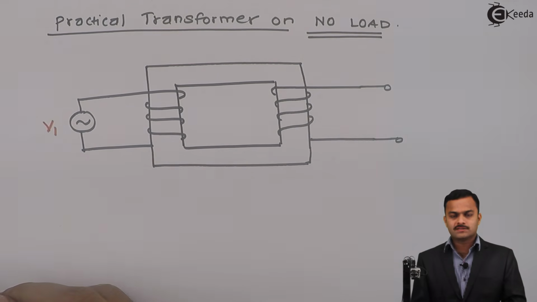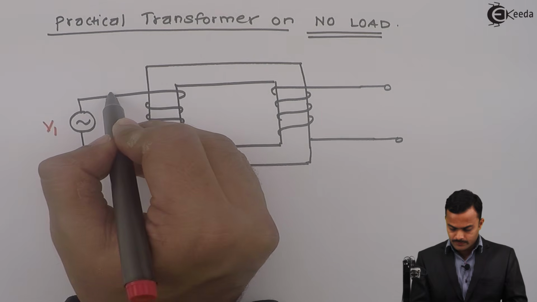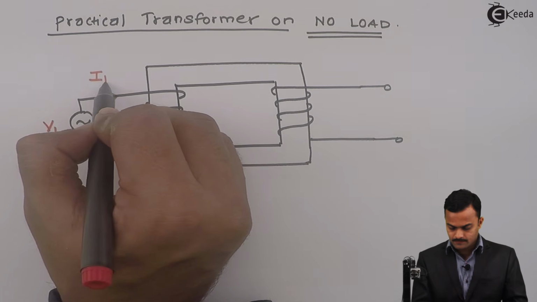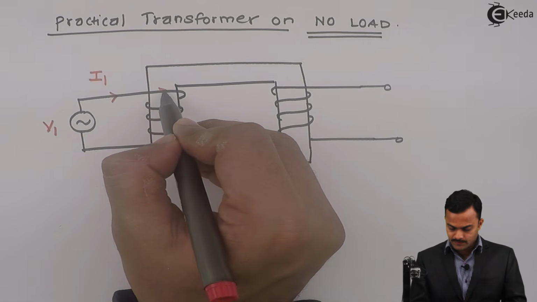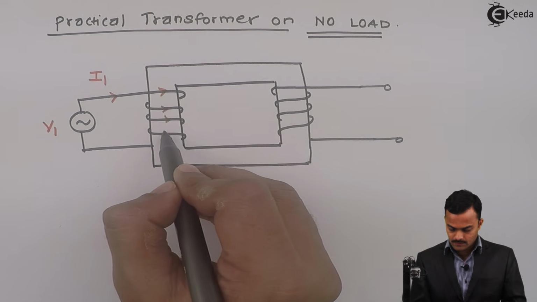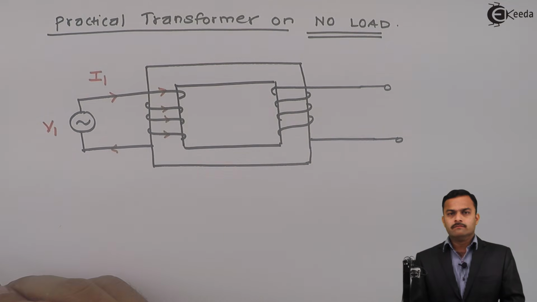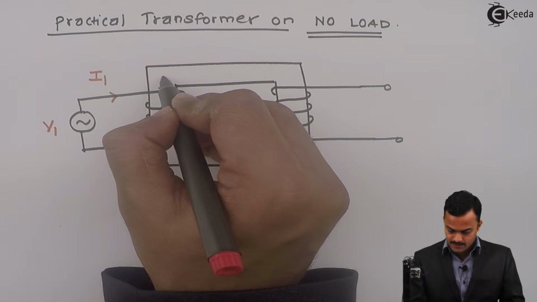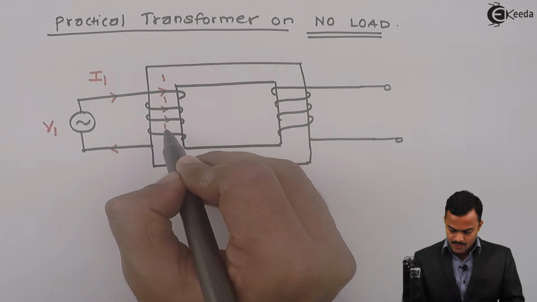This is the primary voltage V1, which will give rise to a primary current I1. This primary current I1 is flowing through this winding, which will give rise to magnetic flux which will pass through this core.